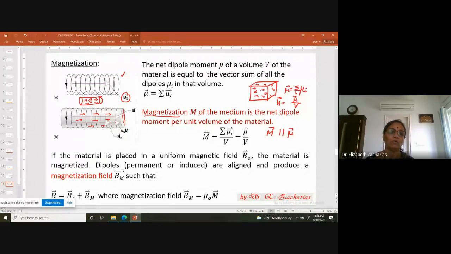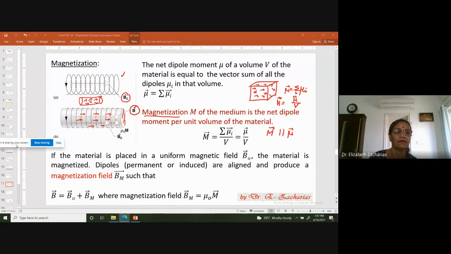Okay. Now, as a result of this, the magnetic field inside was initially B naught, but now it is going to take a new value B. And what is the relationship between B, B naught, and the magnetization? Please remember why this net B has changed.